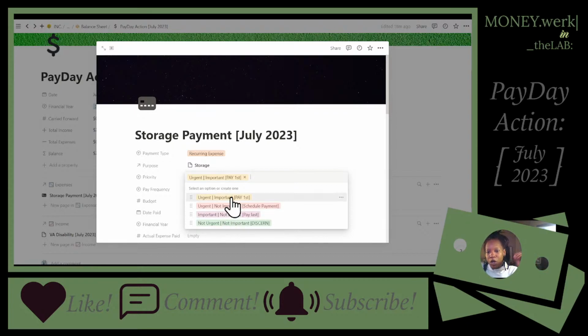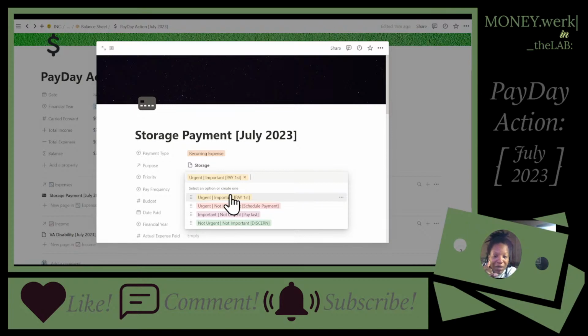So, urgent and important, that's my car note, that's mortgage rent, that's my storage unit, that's my phone bill, and my gym membership.